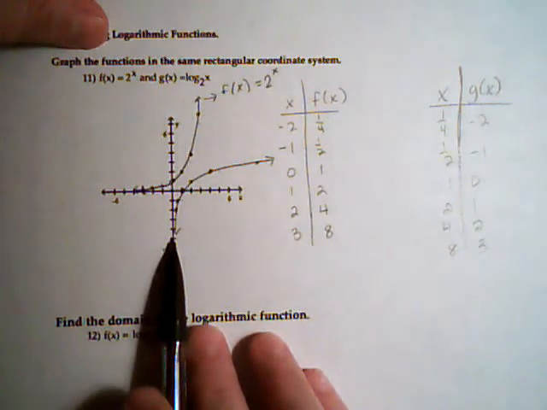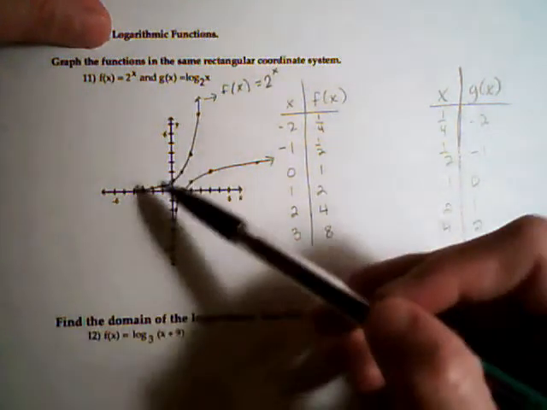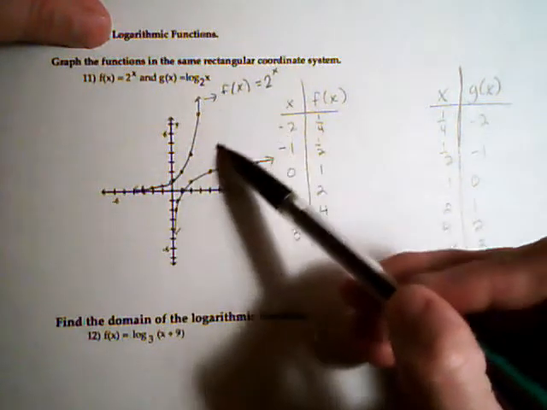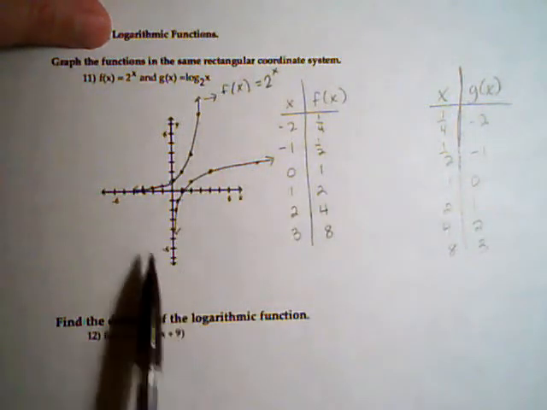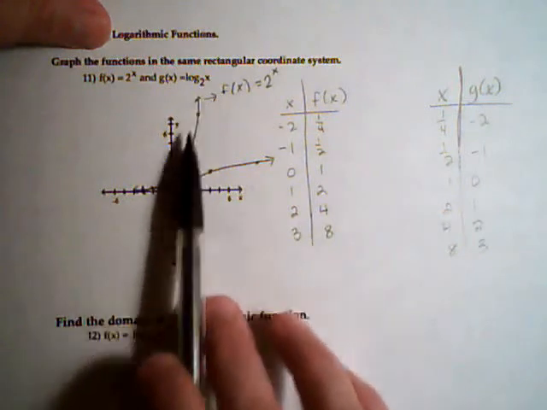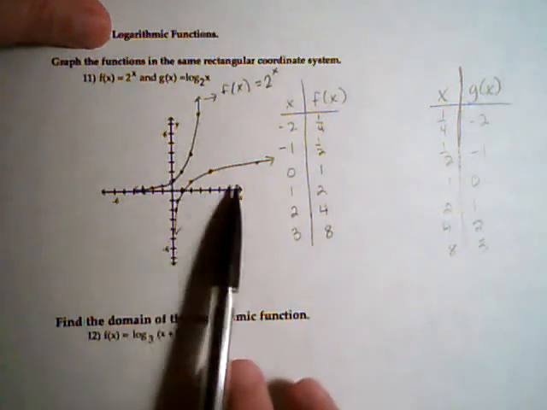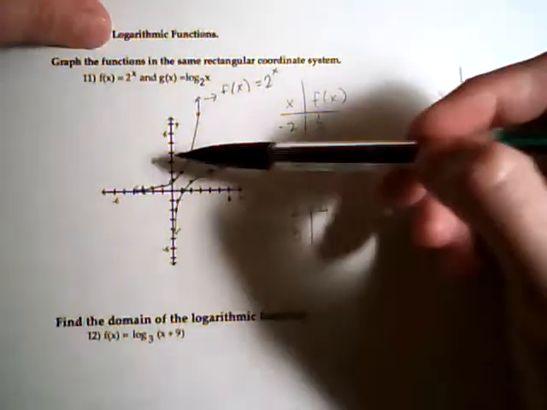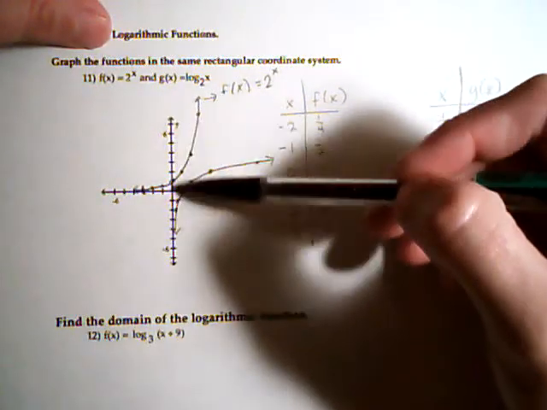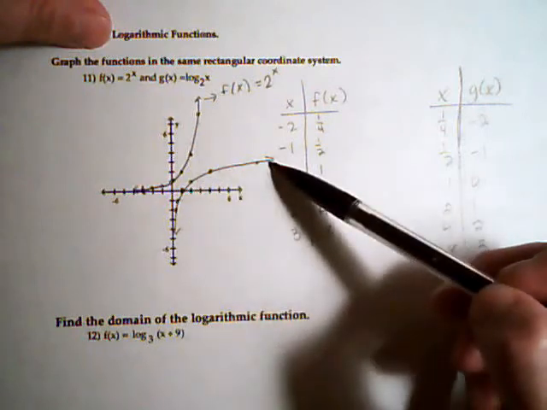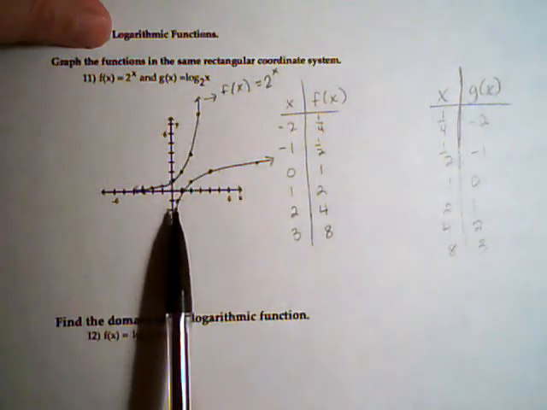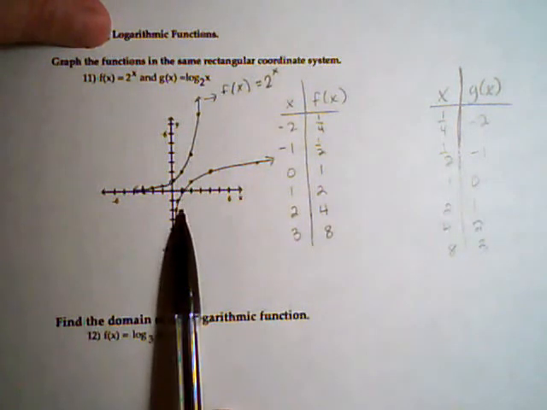As you can see, there's some symmetry here. They are symmetric, or kind of reflections of each other. Notice, remember with the exponential where we had a horizontal asymptote at y equals 0, we have a vertical asymptote at x equals 0 with the logarithmic function. What do you think the domain of this function would be?